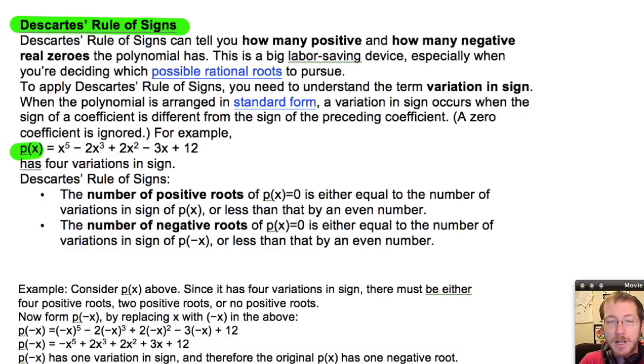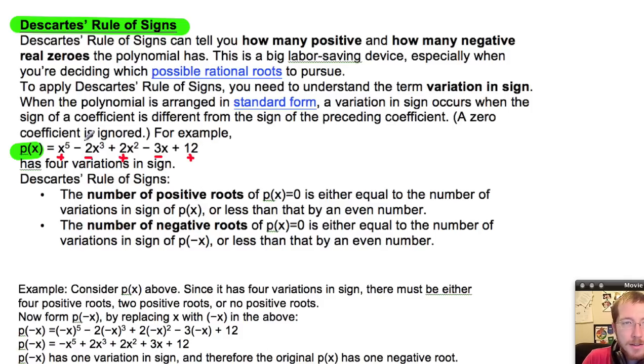We're looking for variations in sign, literally the pluses and the minuses. So we start off with a positive. x to the fifth is positive, and then the next term is negative because we're subtracting. Then we have a positive, then a negative, then a positive.